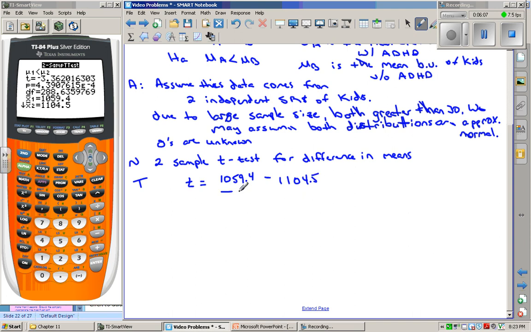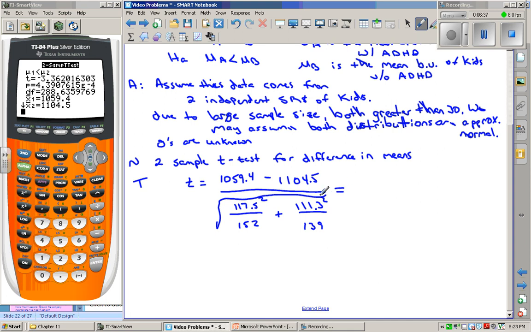Those are your two x bars, divided by the standard deviation, 117.5 squared, divided by 152. That's for the first sample, the kids with, and then this is for the second sample, squared, divided by 139, and then we take the square root of that.